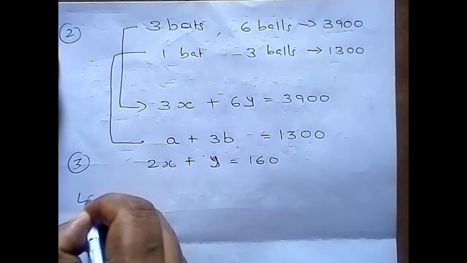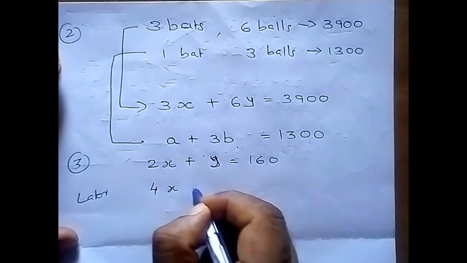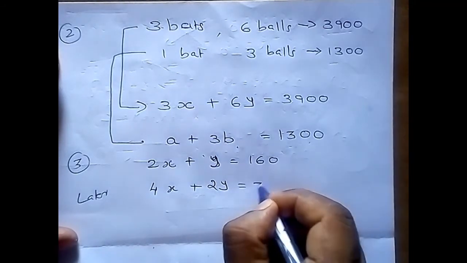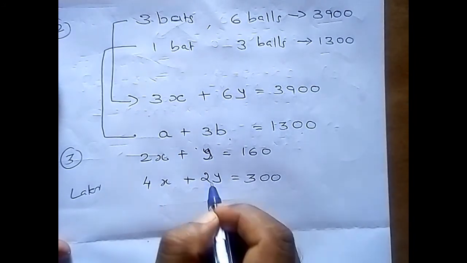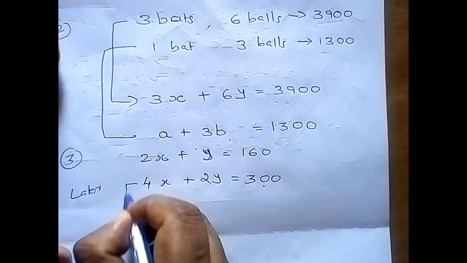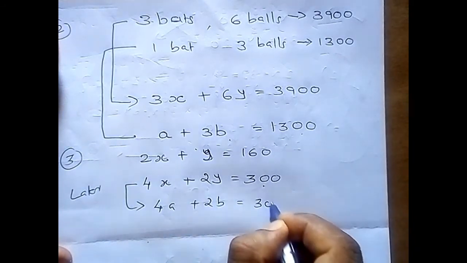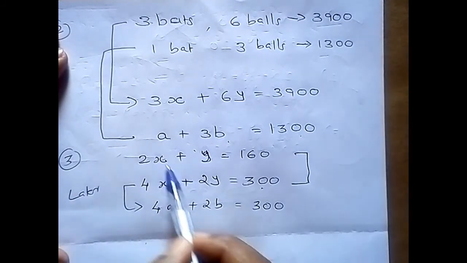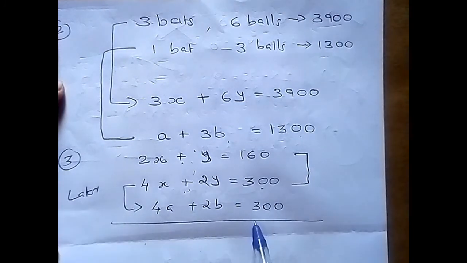After a month, that means later, 4 kg of apples, so 4x, and 2 kg of grapes, 2y, is equal to 300. Here also we cannot take x and y because this happened on a later date, so this will not give a solution. So better we take it as 4a plus 2b is equal to 300. If we try to solve this, we will not get a solution because these two happened in different periods of time. Solution we will see in the next session.